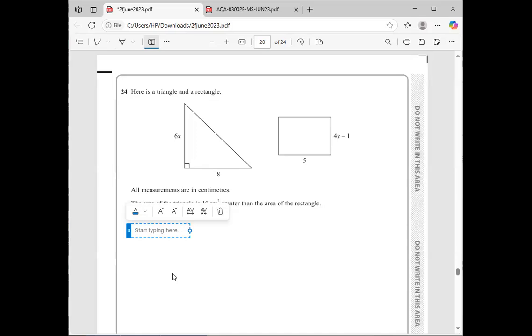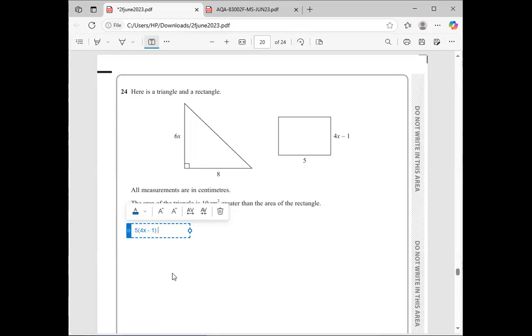So that's going to be length times breadth. That's 5 times 4x minus 1, okay? That's the area of the rectangle.